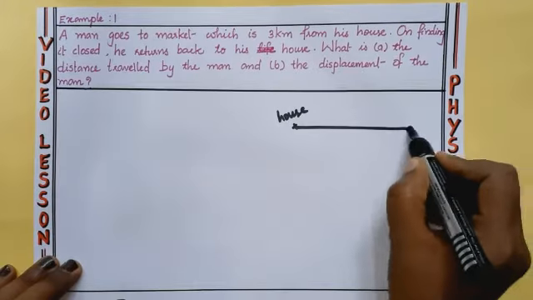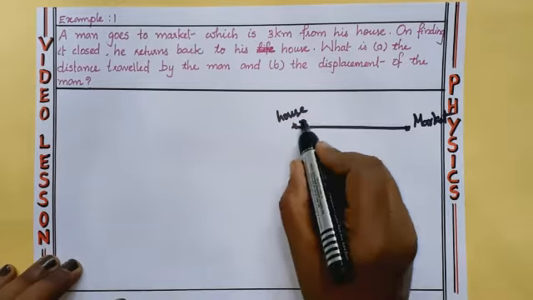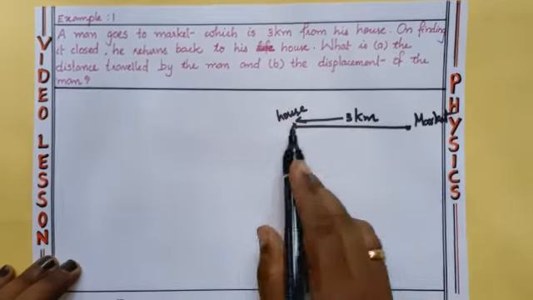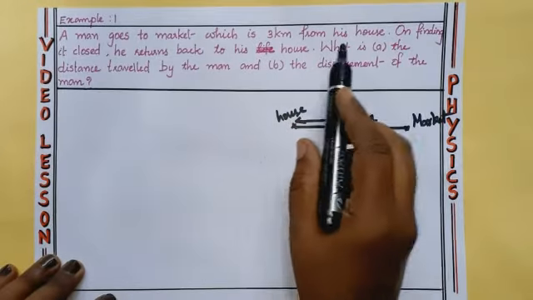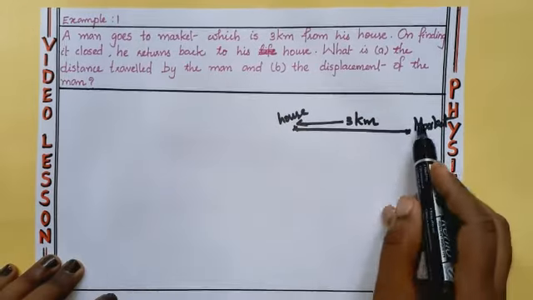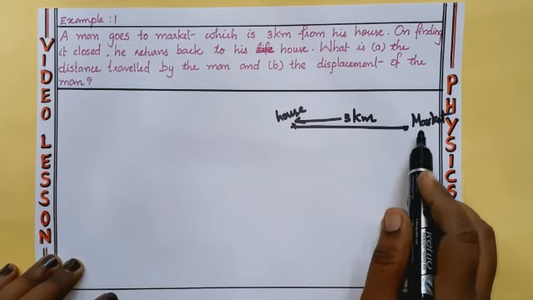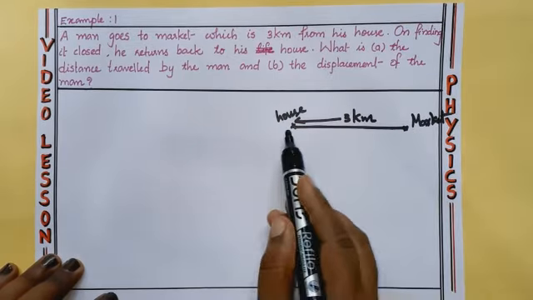House to market is 3 km. When he reached the market, he found the market was closed, so he returns back to his house through the same path.